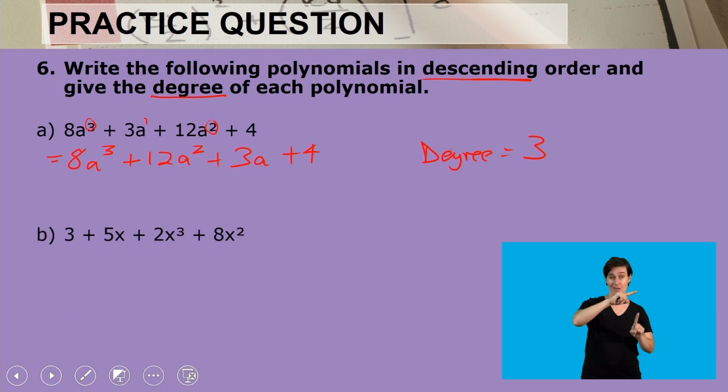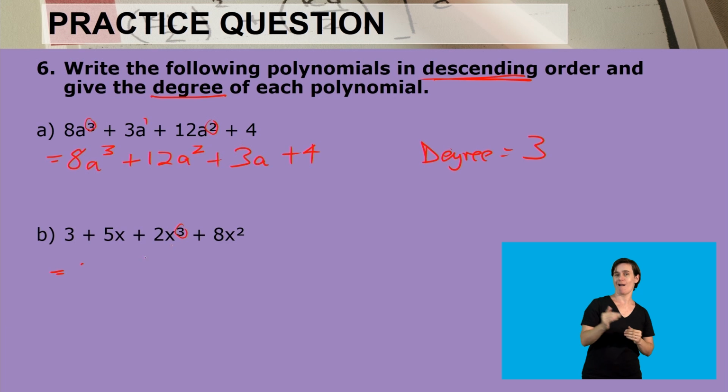The next one is 3 plus 5x plus 2x cubed plus 8x squared. Again, the highest is a cube. So we are starting with the descending order. The highest is a cube, so it would be 2x cubed.